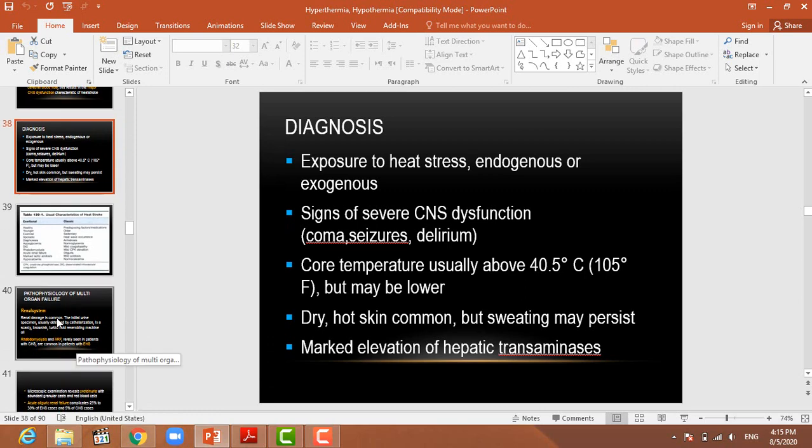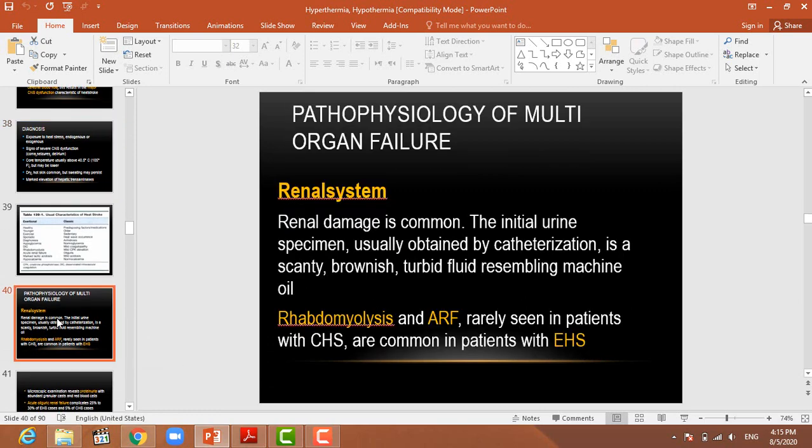The different organs are damaged; for example, your renal system is going to be damaged, and the muscles are going to be damaged. When the renal system is affected, your urine volume will be reduced, and it will become scanty, brownish, turbid fluid resembling machine oil. There will be muscle damage leading to rhabdomyolysis and acute renal failure. All these things are seen in patients with classical heat stroke.